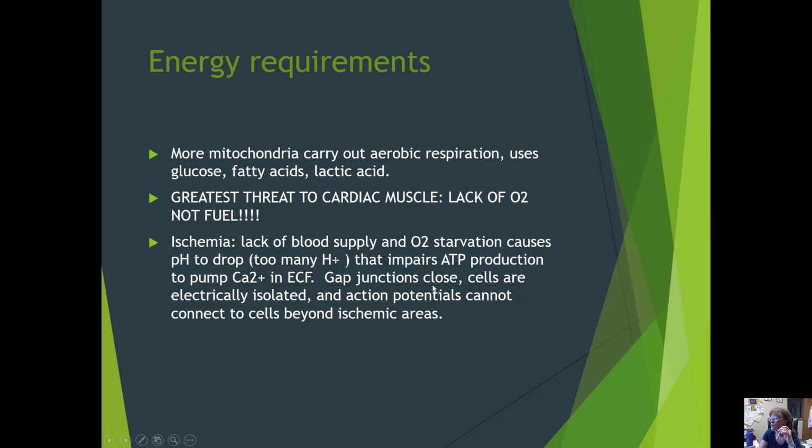Then our gap junctions won't work, and our cells become electrically isolated. So we talk about the heart muscle dying. It doesn't die. It just cannot send signals anymore because it's become isolated from the rest of the muscle tissue.